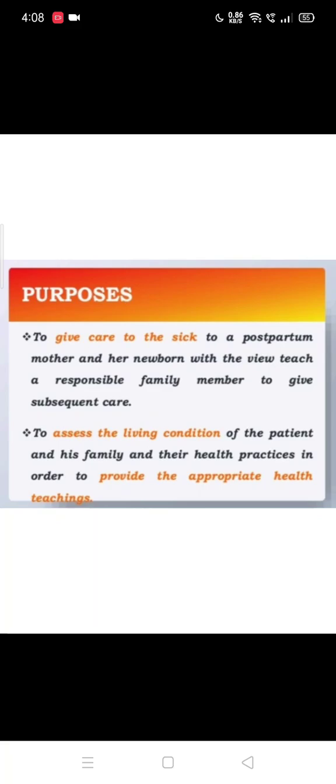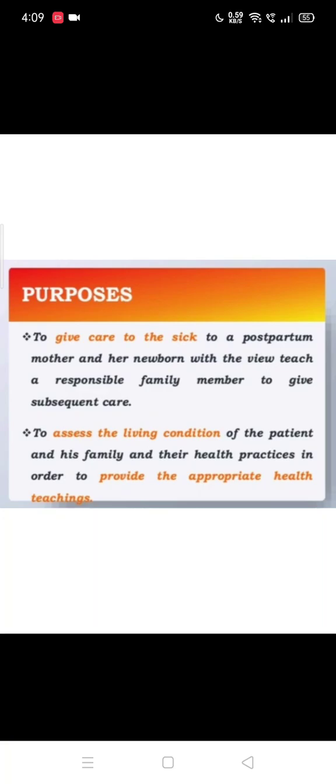Once we are doing the home visiting, this home visiting will help to assess the lifestyle, living conditions, how the patients are at home as well as their family members, and how they are practicing to maintain their health: whether they are eating good nutrition or not, whether they are doing regular exercise or not, whether they are maintaining their personal hygiene or not, whether they are wearing clean clothes or not, whether they are maintaining the home environment and sanitation properly or not.